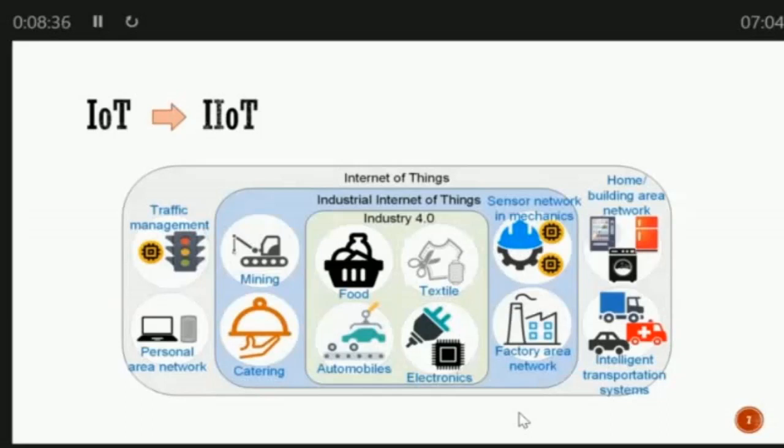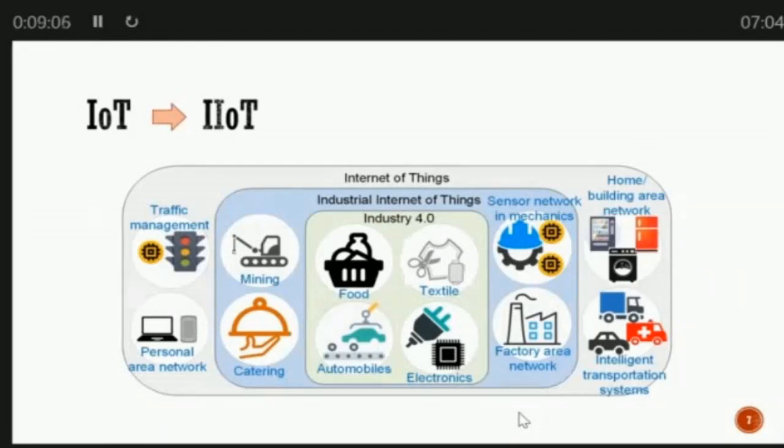So this shows that Internet of Things is the umbrella. Under the umbrella of Internet of Things, we have industrial IoT. Inside industrial IoT, we have another subset, which is known as Industry 4.0. So with this illustration, we can understand that IoT is the superset, industrial IoT is the subset of IoT, and Industry 4.0 is the subset of industrial IoT.